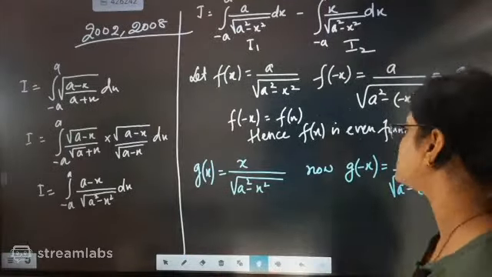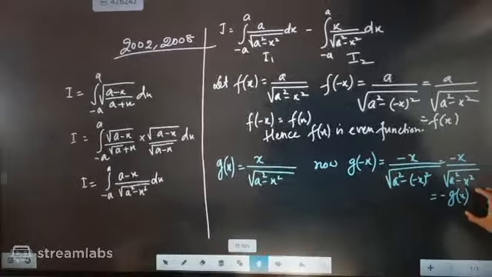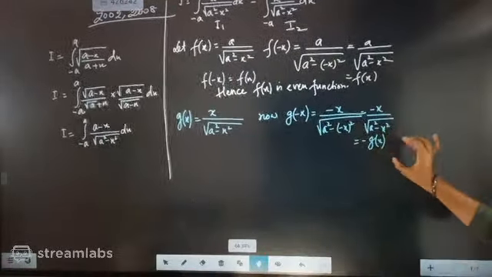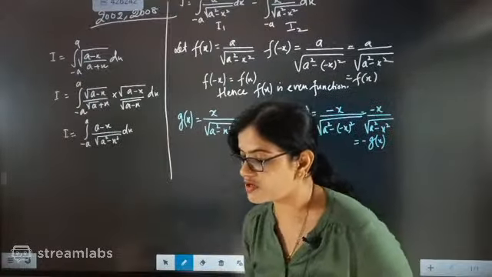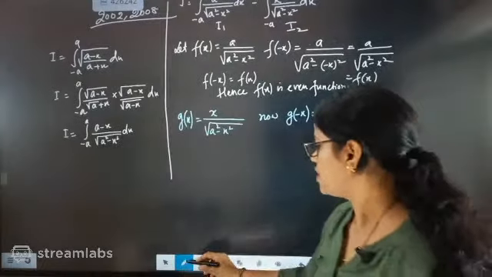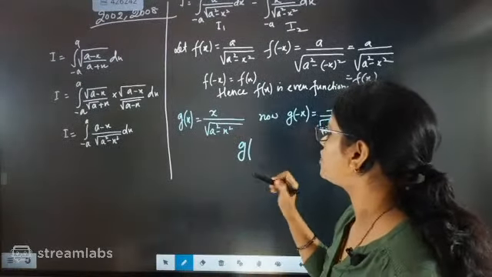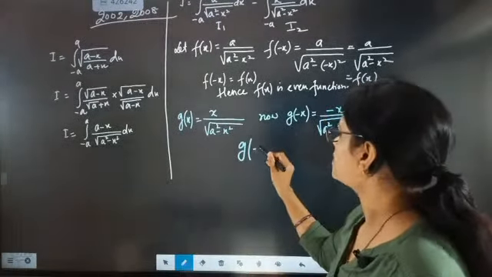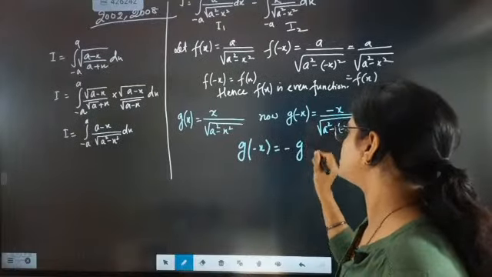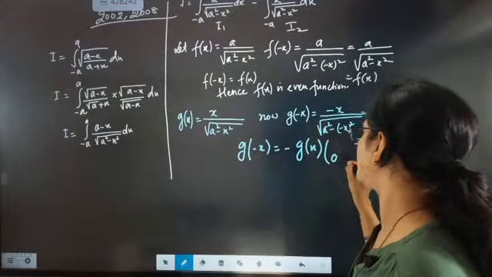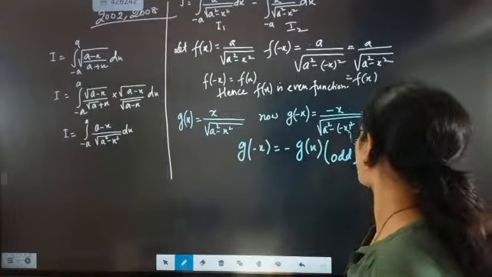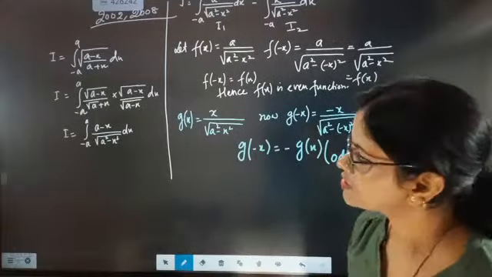So when you started with g of minus x and you got minus g of x, it is not an even function, it is an odd function. So g of minus x is giving you minus g of x, hence it is an odd function. Story over. Which one is odd?